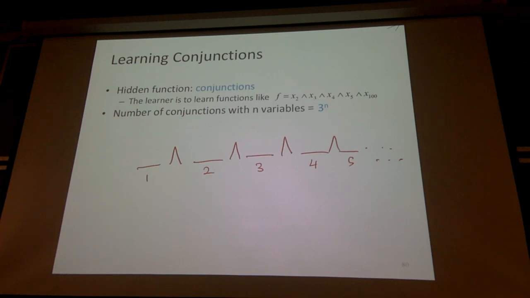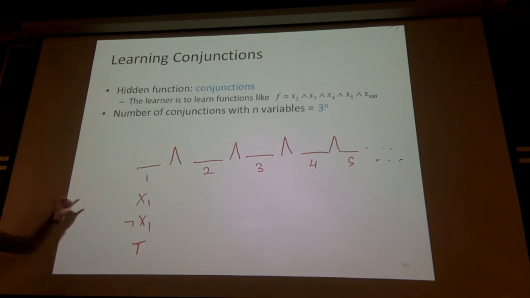In order to build a conjunction, let's think about how the function looks. Either the slot can be filled with the variable x1, or it can be filled with the negation of x1, or x1 is not present at all. So for slot number 1, there are 3 options.